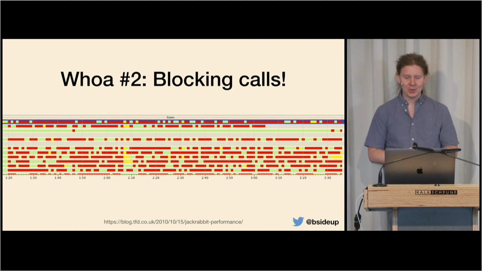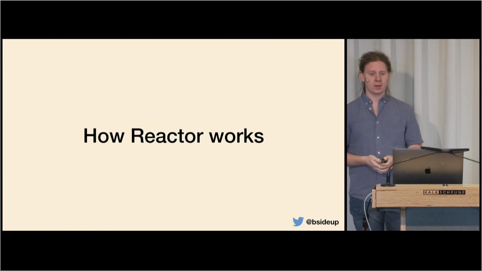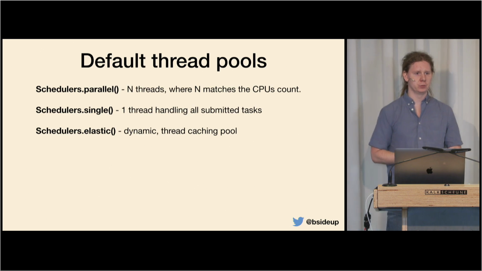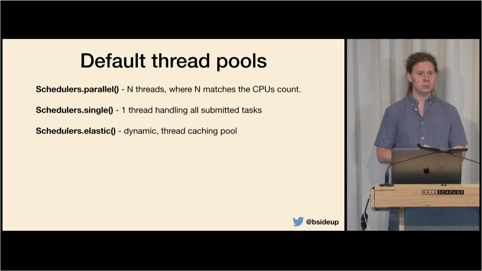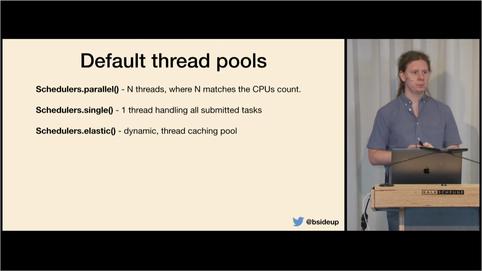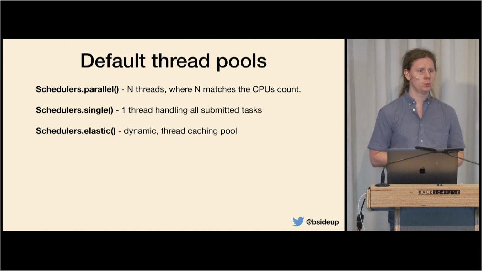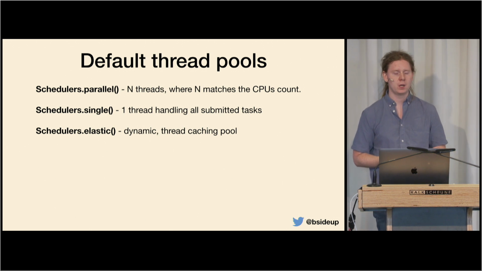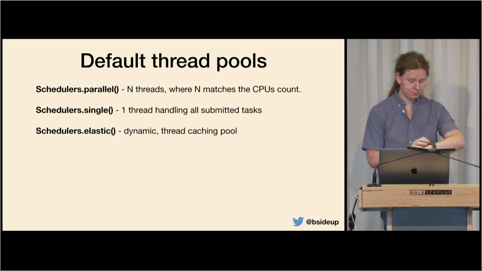So, how Reactor works. First of all, we have 3 default thread pools. Parallel thread pool is just a fixed thread pool with n threads, where n is the number of CPUs you have by default. You can also set a property.